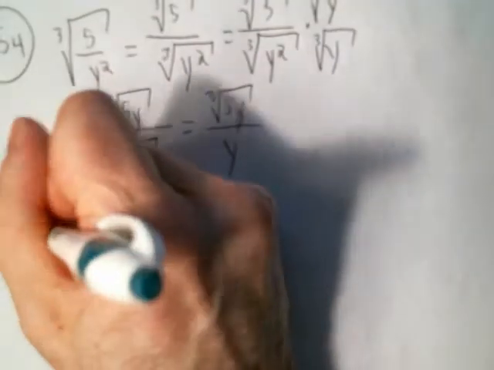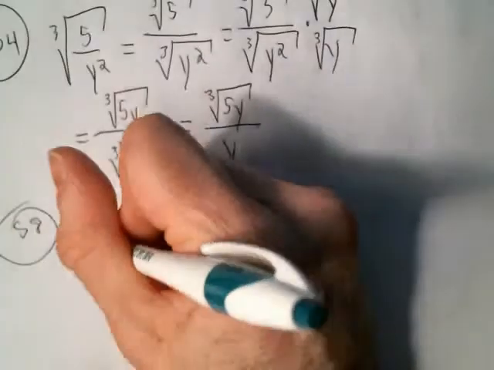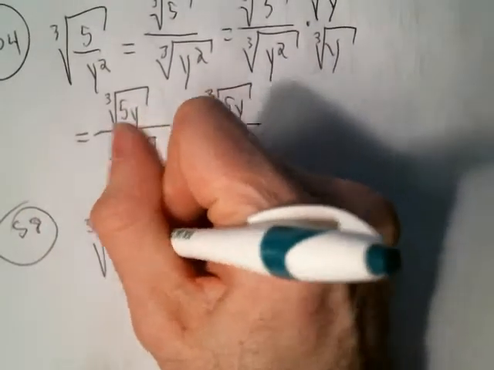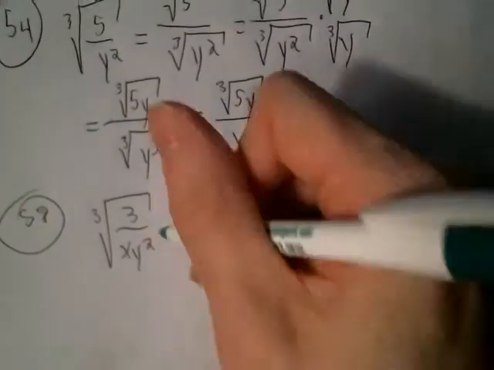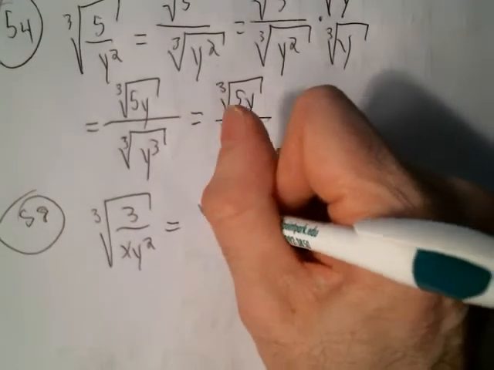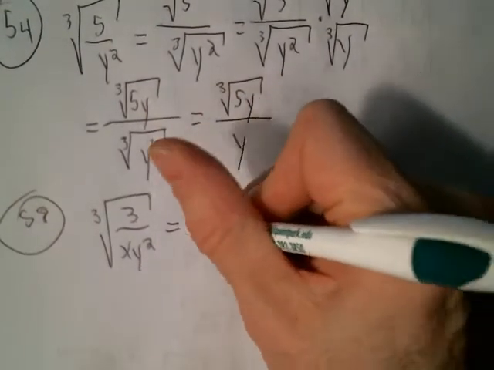Let's look at 58. So here I have the cube root of 3 all over xy squared. So I'm going to split the thing into its numerator and denominator.